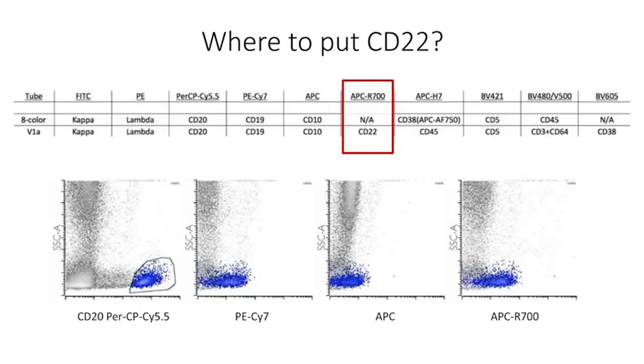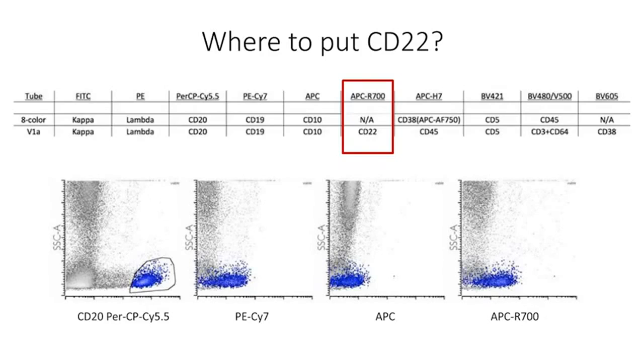Okay, so we had consensus that CD22 needed to be in the tube, as we've talked about earlier. And we have 2 unoccupied channels relative to our 8-color predicate tube. So APC R700 is a novel fluorochrome that we now have available to us, and BV605, neither of which we could do in our 8-color configuration.